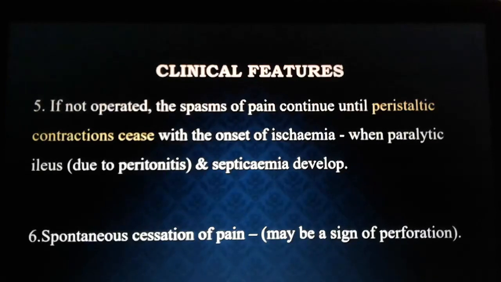A few of the students were asking me, sir, whether a reducible hernia can strangulate or not. Usually not, but yes, for the benefit of the patient, always consider that even a reducible hernia can strangulate at any time. So if you have diagnosed a hernia, better to go for repair, right?